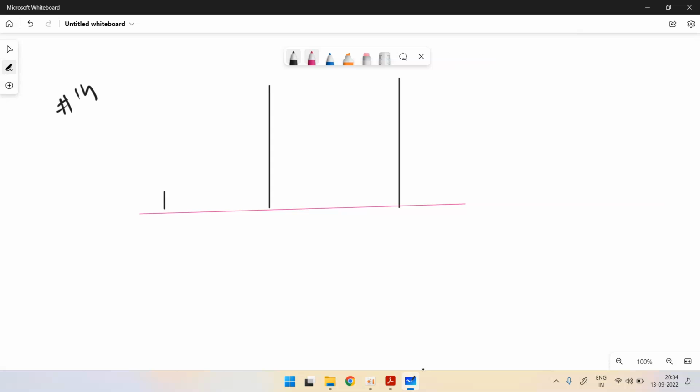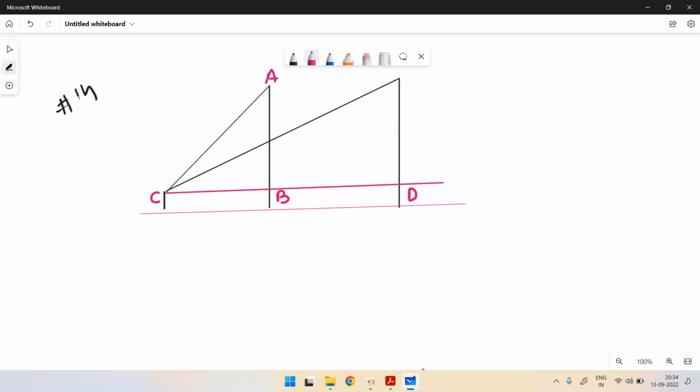It is given that the angle of elevation was initially 60 degrees and then it changes to 30 degrees. Let me rename this triangle: this is A, this is B, C, D, E.